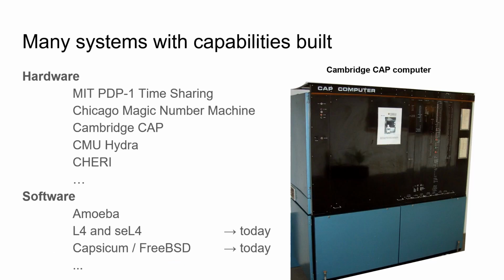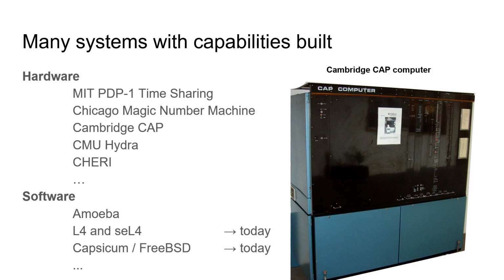Over the course of history, many systems with support for capabilities have been built. Some of these systems had capability support built into the hardware. This all started in the dawn of computing with the MIT PDP-1 time-sharing system, and there have been a number of other notable computers with hardware support for capabilities. The Cambridge CAP computer depicted here on the slide is one of the more famous ones.